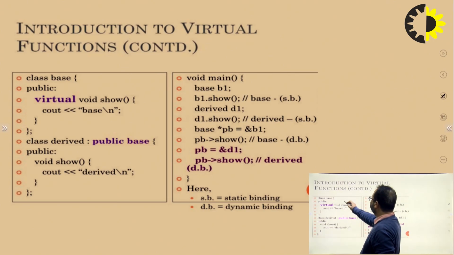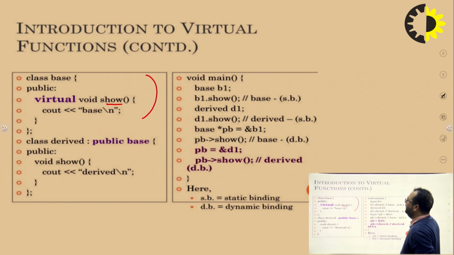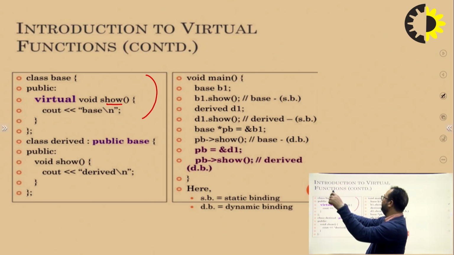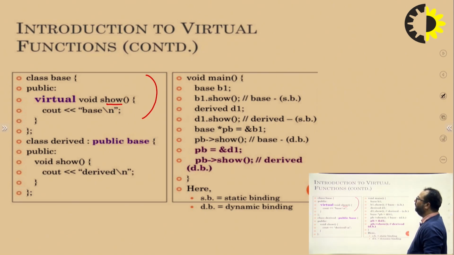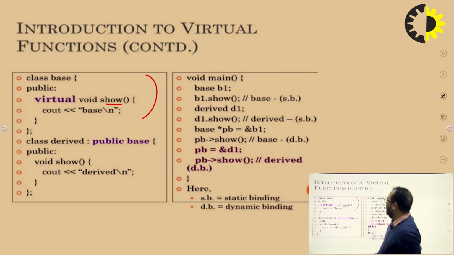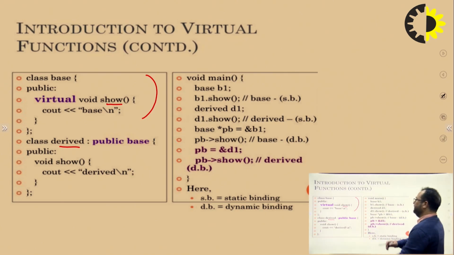This is a base class, and we have a show function which is in the base class as well as the derived class, but now we make this show function virtual in the base class. Now this is a derived class, which simply inherits the base class publicly.